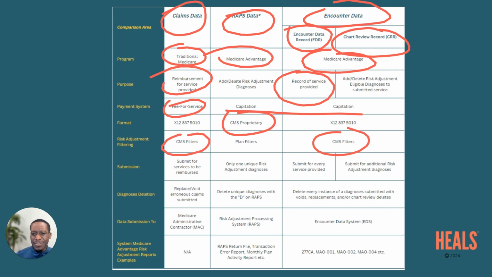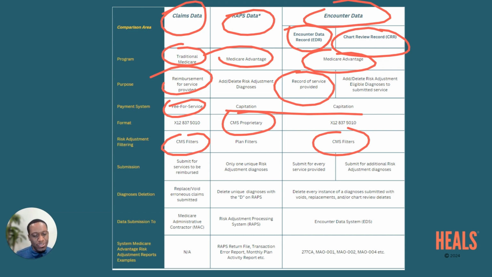For submission, fee-for-service claims are submitted for reimbursement; for RAPS, you submit only one unique risk adjustment diagnosis; but for encounter data, you submit for every service, and for chart review you submit additional diagnoses. If you look at diagnosis deletion, fee-for-service has its own way of replacing or voiding erroneous claims.